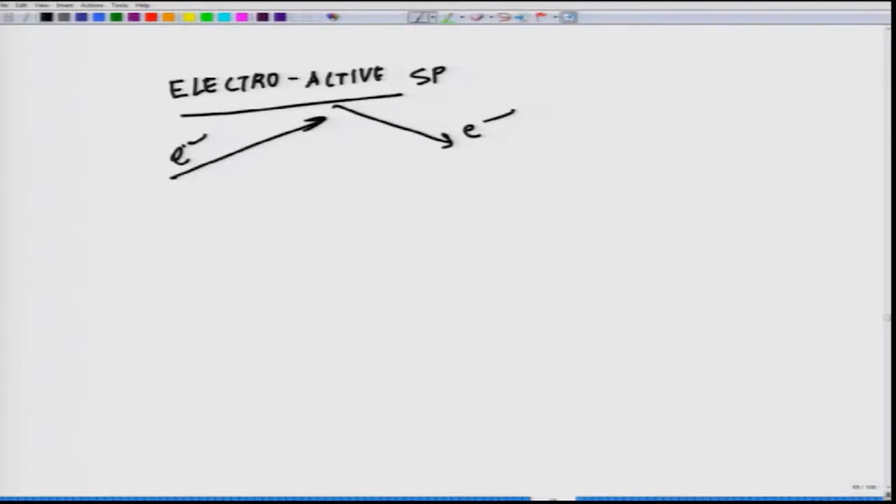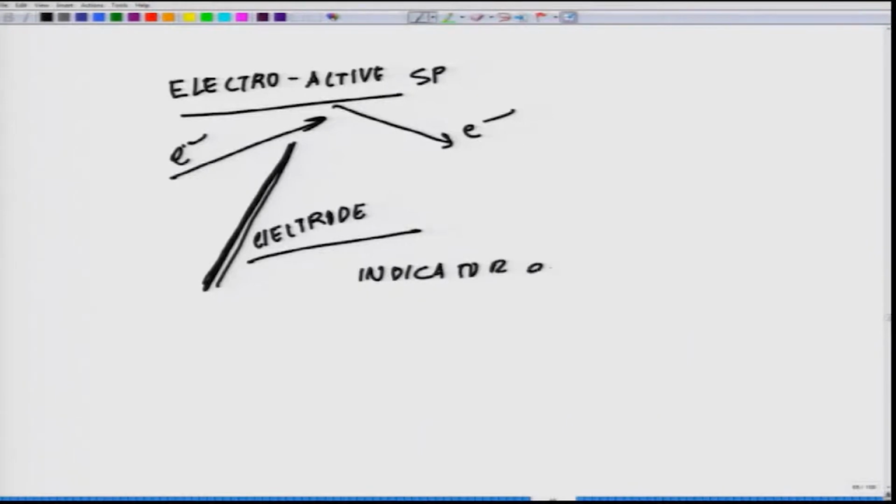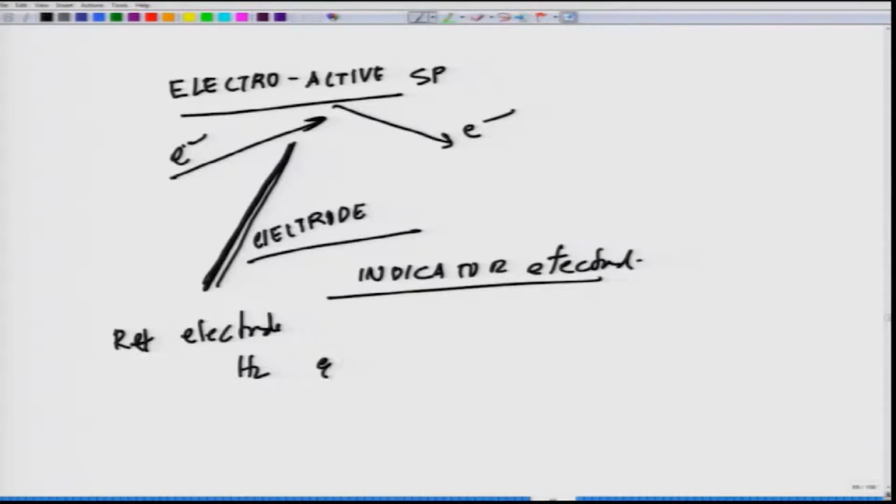and the electrode which responds to analyte is called indicator electrode. Okay. Indicator electrode. Now, reference electrode, as we talked about, we have talked about hydrogen reference electrode, and I told you the challenge of hydrogen reference electrode.